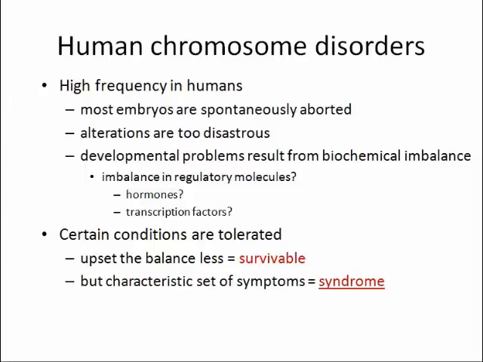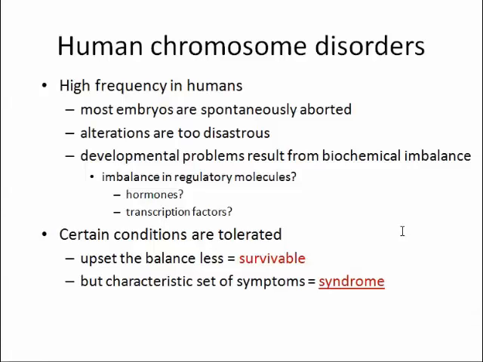Humans have a high frequency of actually having chromosomal abnormalities, but we normally don't see them because most of those embryos are miscarried, so they're spontaneously aborted by the mom. There are a few chromosomes that can tolerate a disruption in the balance, so they can have either 1 or 3, and they won't be normal, but they'll be normal enough to survive.